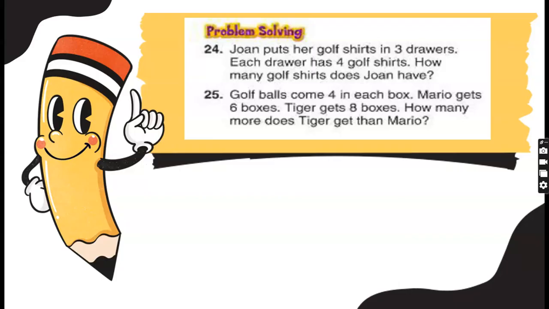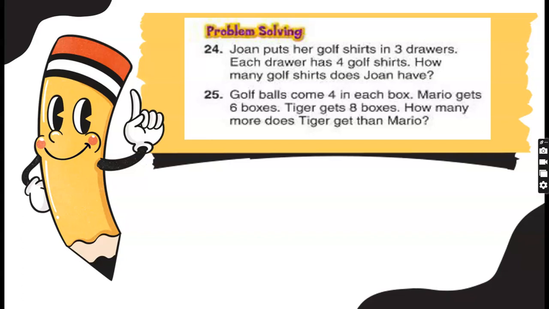So we have a fixed number of objects in each drawer, which is 4. So 4 in the first drawer, 4 in the second drawer, and 4 in the third drawer. How many golf shirts does Joan have? So we want the number of golf shirts in all the drawers, okay? That means we have 3 drawers and each has 4.